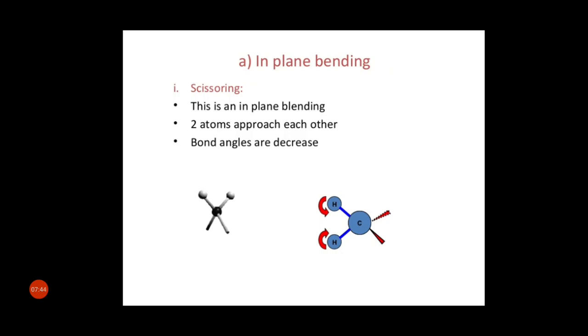This diagram represents scissoring, an in-plane bending. In scissoring bending, two atoms approach each other and bond angles are decreased.